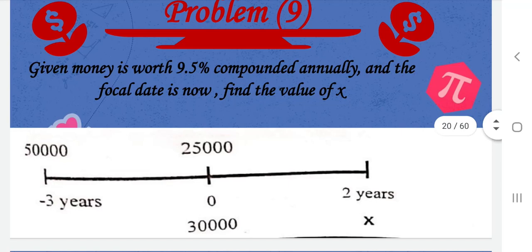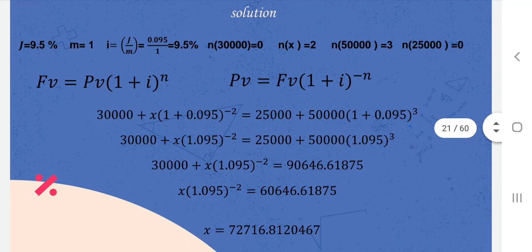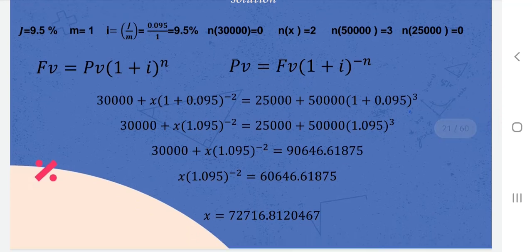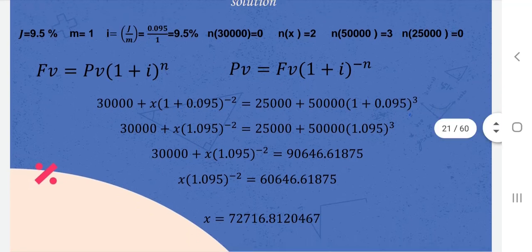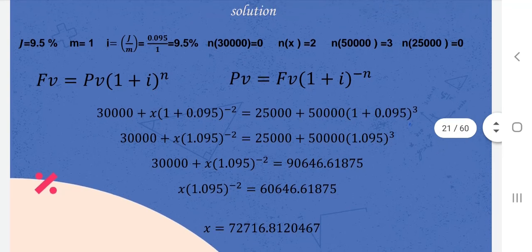N for $50,000 will be equal 3, and N for $25,000 and $30,000 equal 0, and N for X will be equal 2. Solution, X will be equal 72,716.